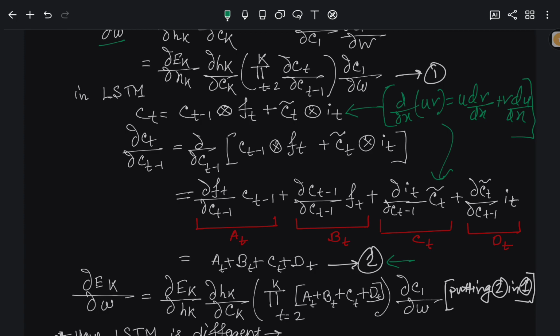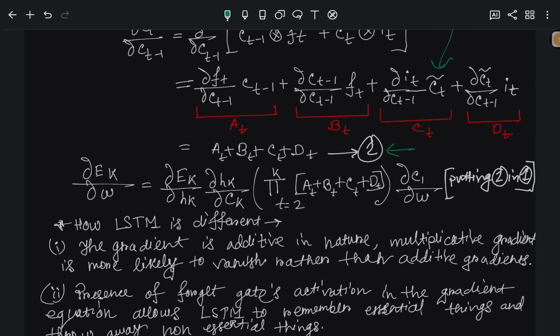Now we can put equation 2 back into equation 1, and we can get the final equation for del Ek by dW, right? So you can see, in the case of RNN, this term was a multiplicative term, right? But in the case of LSTM, this is an additive term, right? Now how can LSTM solve the vanishing gradient problem?